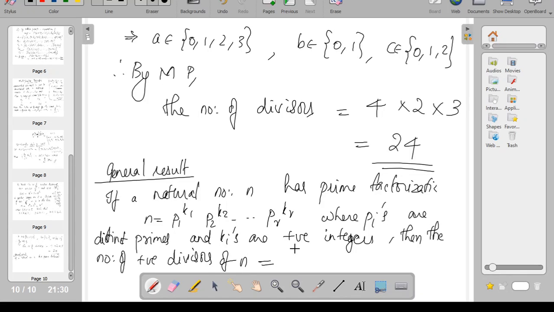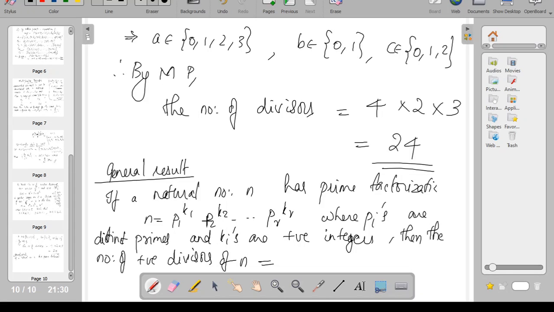will be equal to, for p1 raised to k1, the possible powers of p1 can be 0, 1, 2, up to k1. So there are k1 plus 1 choices.